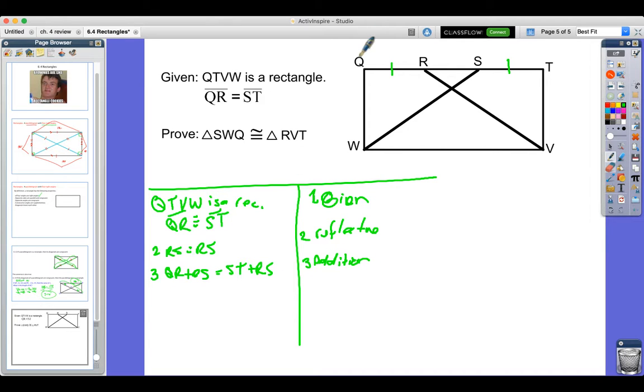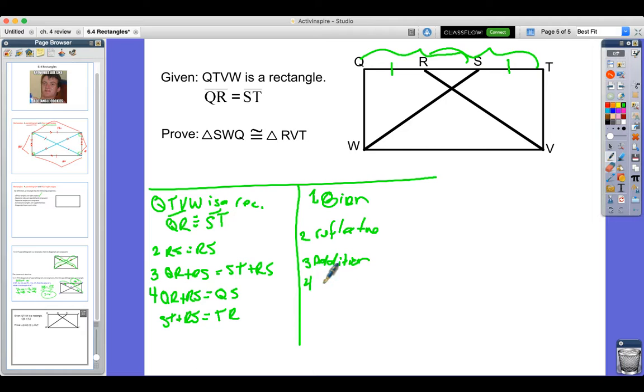But let's go ahead and combine this to make one segment right there, and then we're going to combine this other side right there to make another one. That was our segment addition, y'all. So we say QR plus RS equals the whole thing QS, and then we could say ST plus RS equals the whole thing TR.